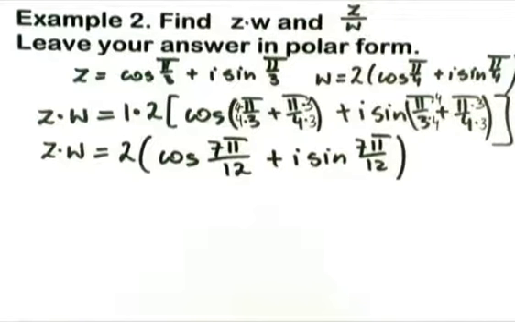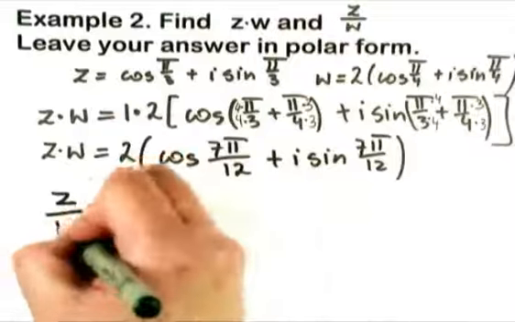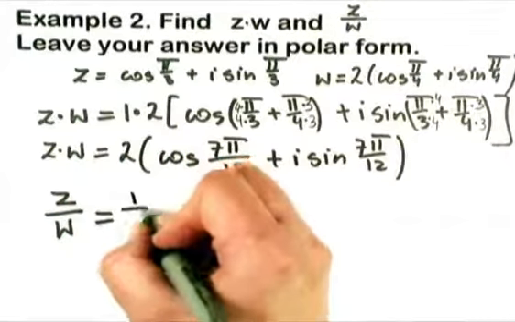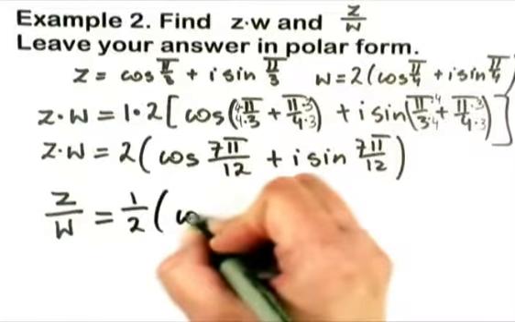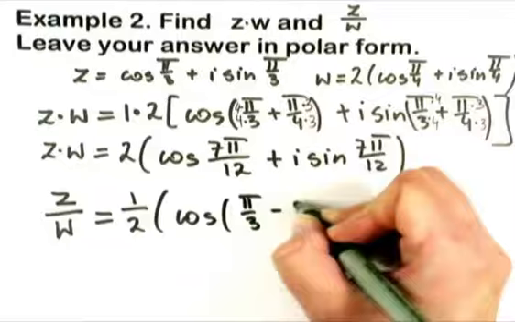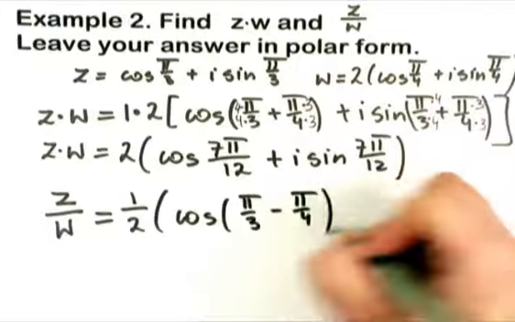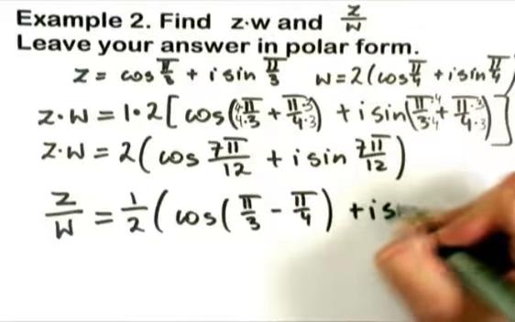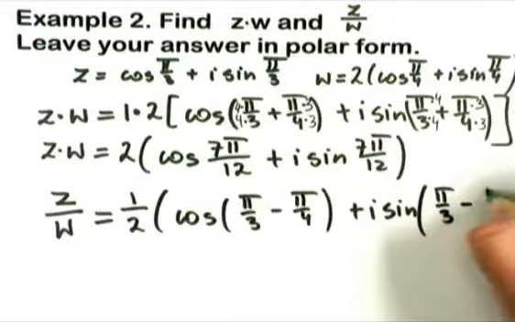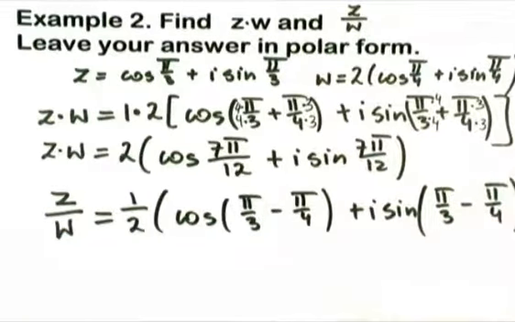And now we need to find the quotient z divided by w. We divide the r's, so 1 over 2, and we subtract the angles: pi over 3 minus pi over 4 plus I sine pi over 3 minus pi over 4.